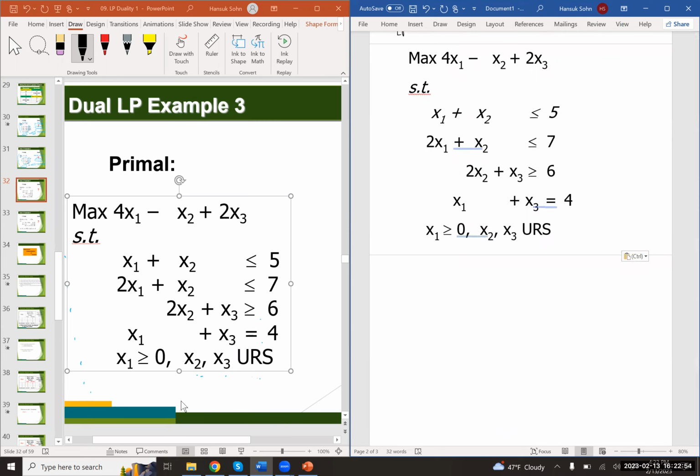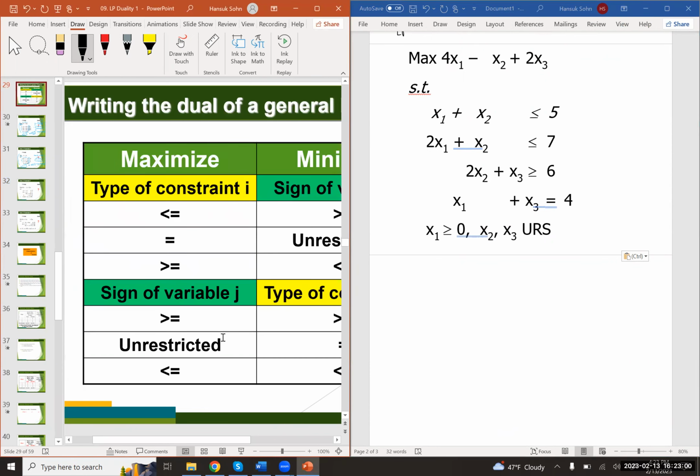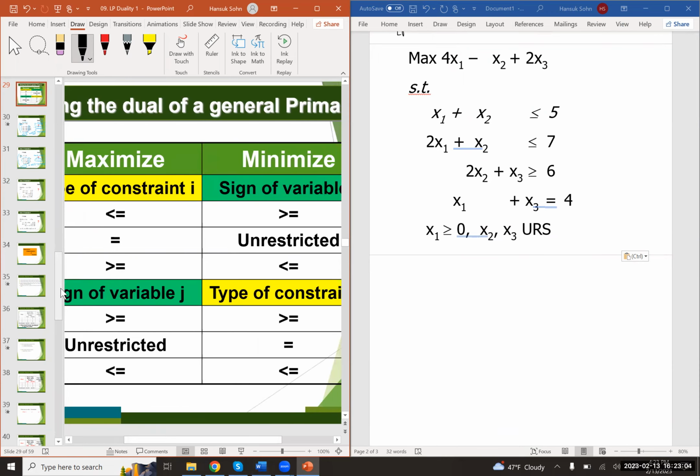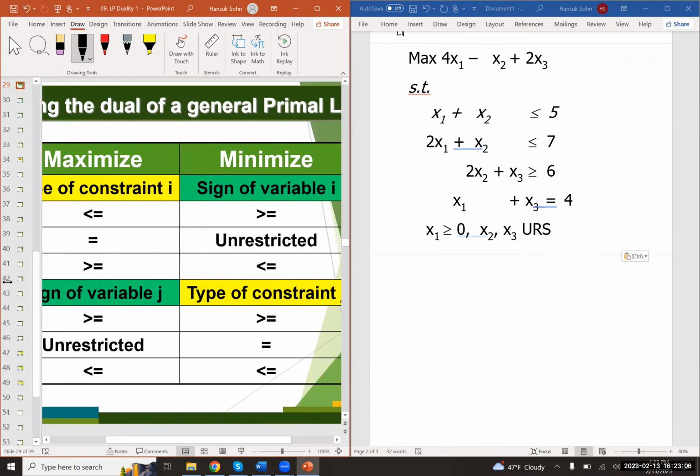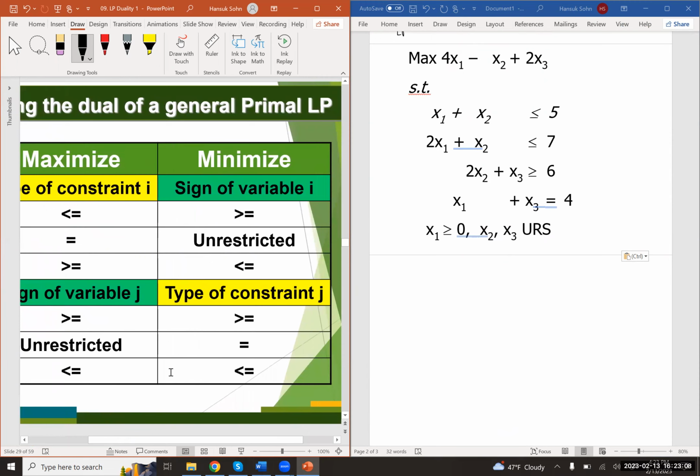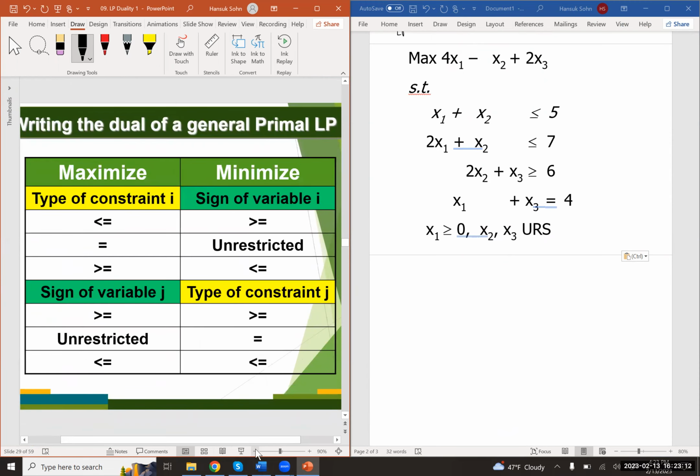Okay, now I'm going to bring back the conversion table. This one, right? This way. Okay, it's much better.